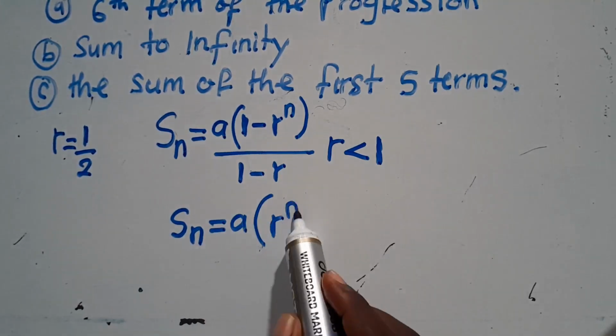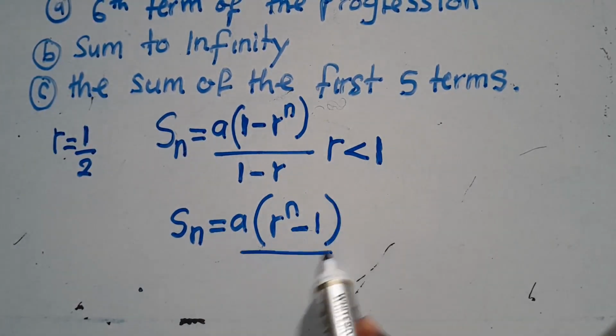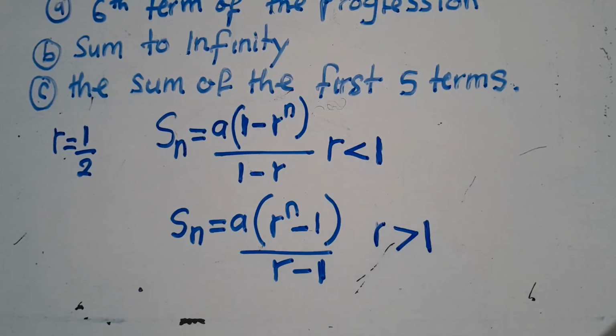You start with r to the power n minus 1, over r minus 1. This is the formula you use if the common ratio is greater than 1. So these are the two things that you need to understand.